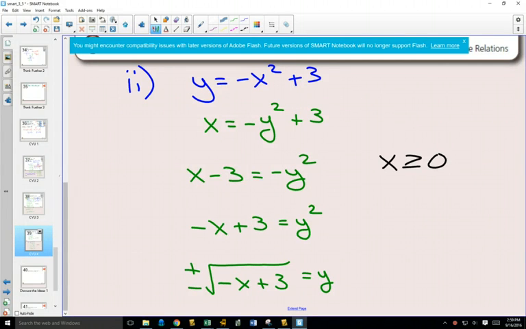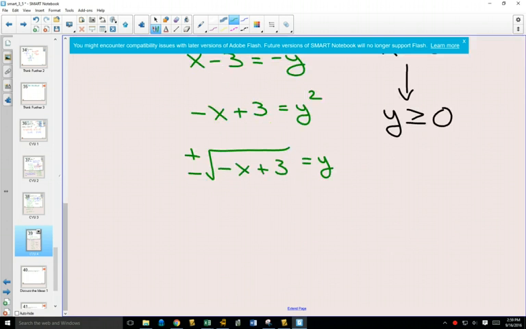So when x and y get switched, that means for our inverse, y has to be bigger than or equal to 0. So which half do we have? The positive or the negative? If it has to be bigger than or equal to 0, then the one that we have has to be the positive one.